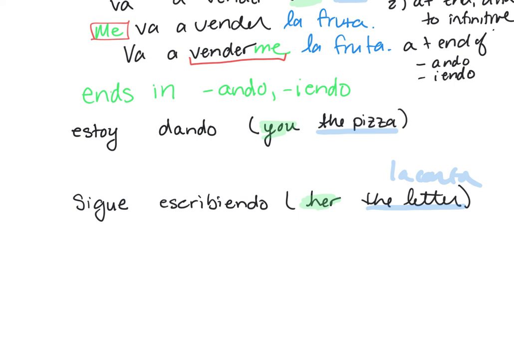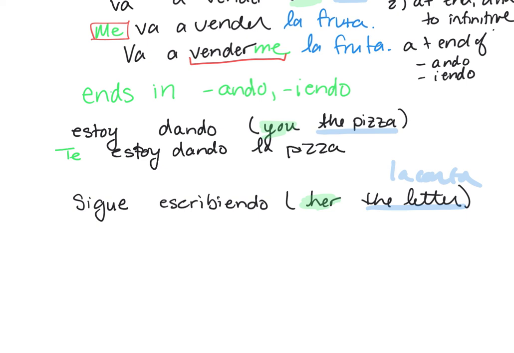So we have te estoy dando la pizza. I know you're all dying to know if I wanted to do pizza too. It would be te la estoy dando. But let's save that for another lesson.